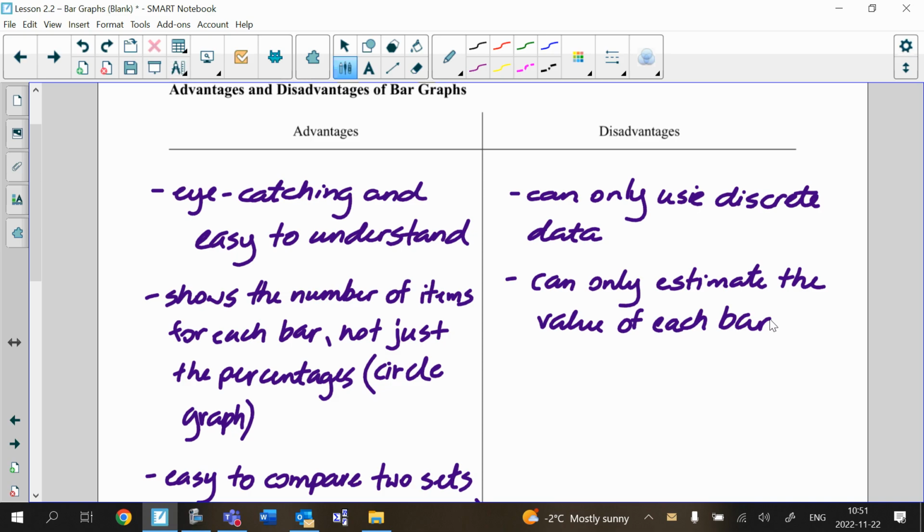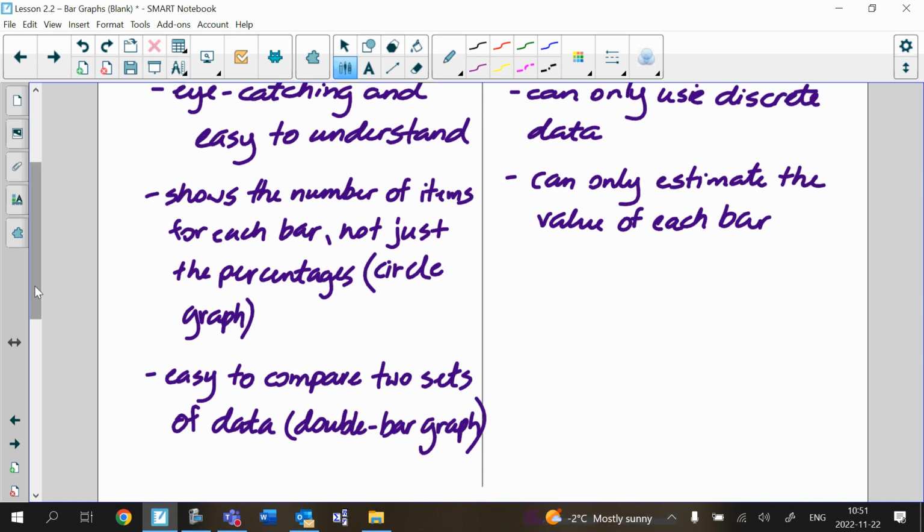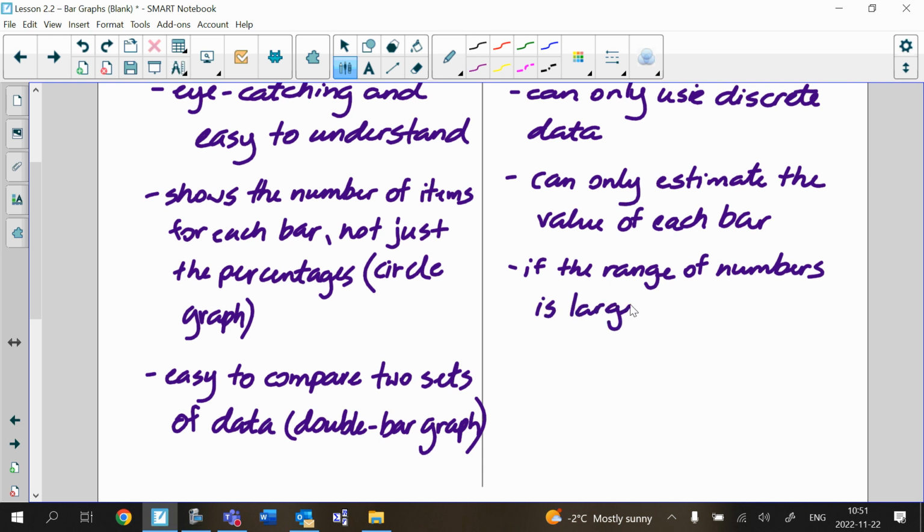And finally, other thing with bar graphs, if the range of numbers is large, some bars could be hard to estimate.